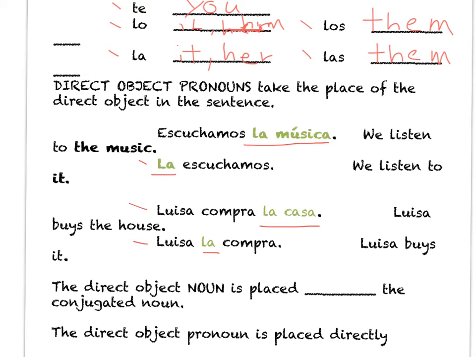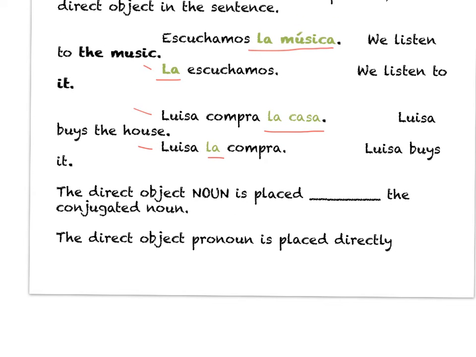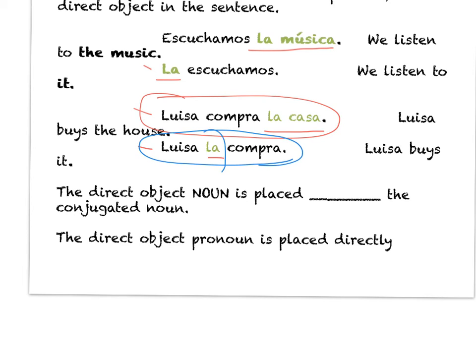Okay, and if you observe a little bit, you can see that by replacing it, we have also moved the position, because in Luisa compra la casa, the noun la casa is after the verb, but in the other sentence, Luisa la compra, the direct object pronoun is before the conjugated verb.